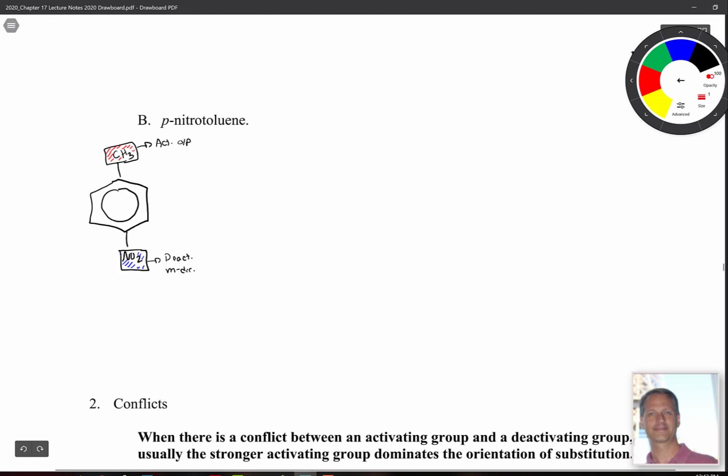Relative to this red boxed CH3, we're ortho, we're meta, and we're ortho. Relative to the nitro group over here, we're ortho, we're meta, we are ortho, and we are meta here.